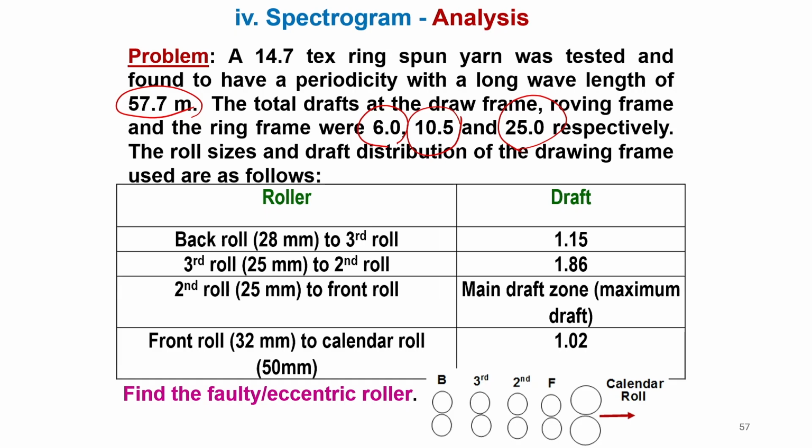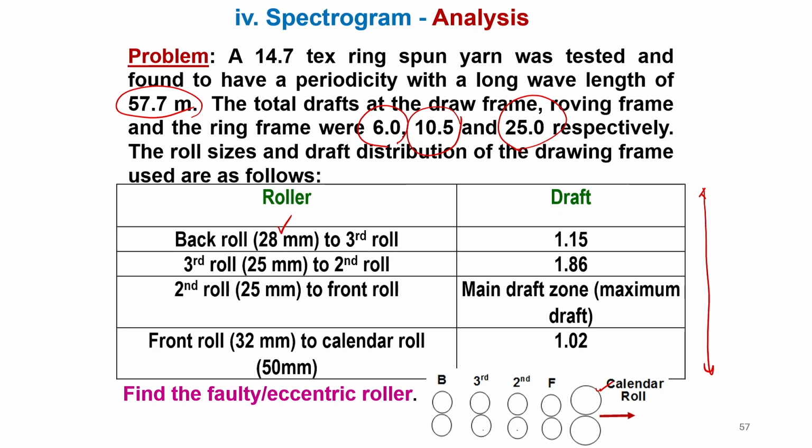The roller sizes and draft distribution are given at this stage. Back roller diameter is 28 mm, back to third roller, so it is a 4/4 arrangement. So, 1, 2, 3, 4 and this is the calendar roller.